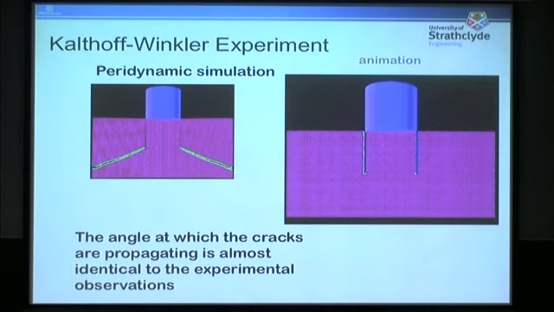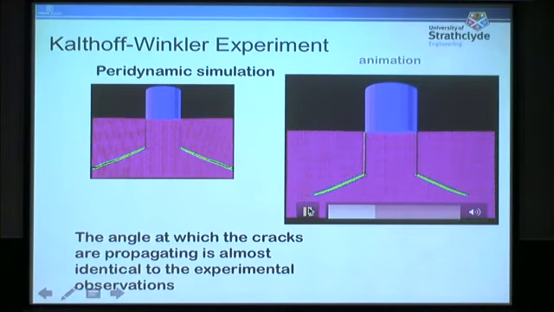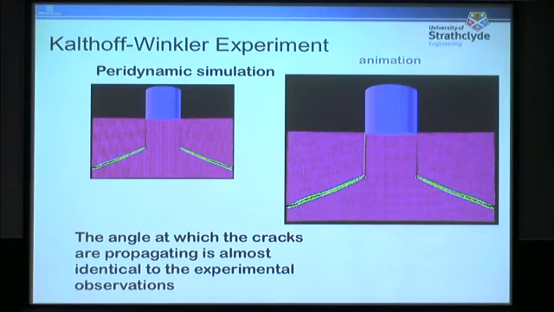And this is our simulation. Let me show a small video here. The impactor is hitting from the top side, as you can see, and later on we see these crack patterns with a particular angle, and we compare this crack orientation against the experimental data. As you see, they're almost on top of each other.